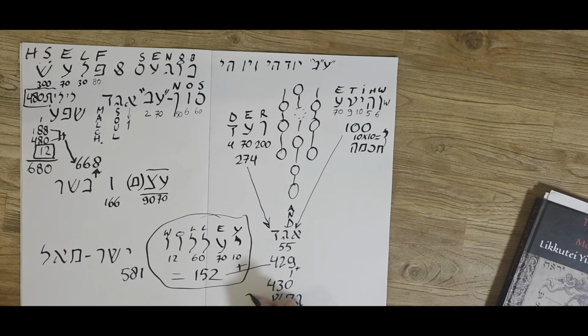And I will go for the ordinal value now. Ordinal means 1 till 22, according to the location of the Hebrew letter in the Hebrew alphabet.